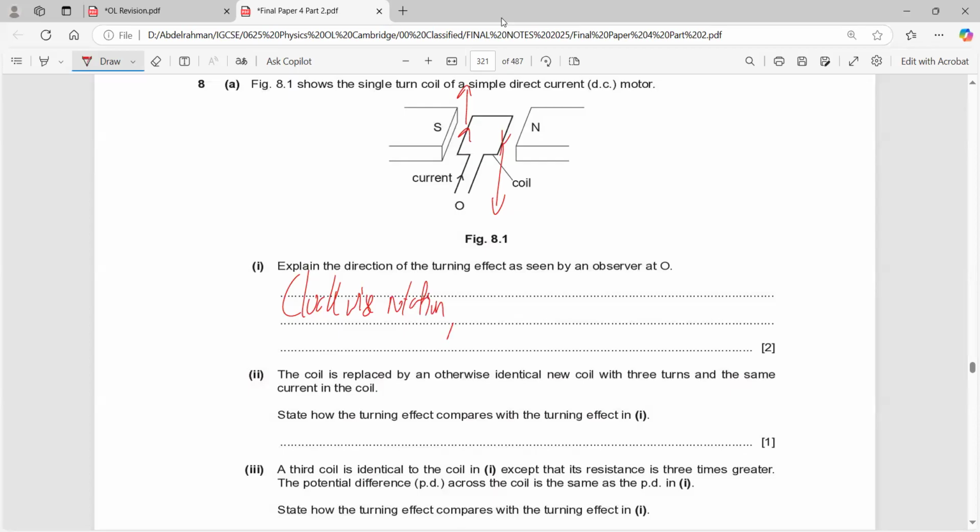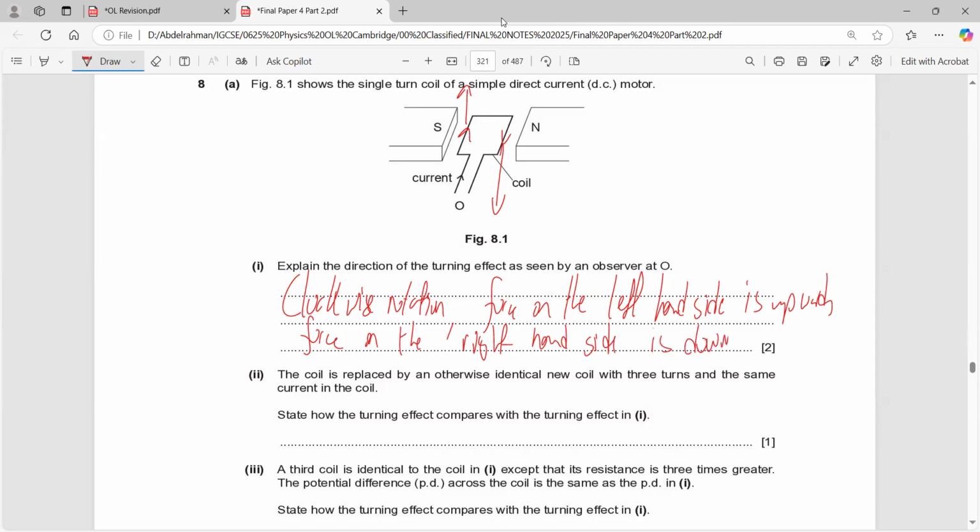Why? Because the force on the left hand side is upwards, while the force on the right hand side is downwards.